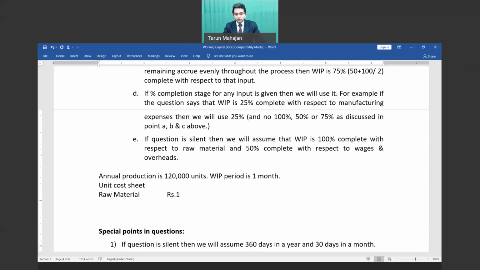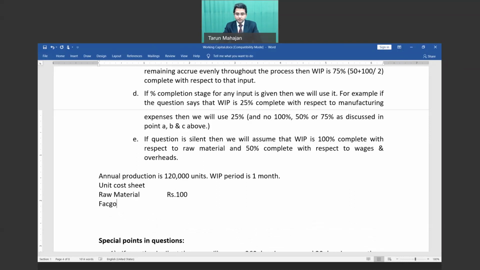Raw material is rupees 100 per unit. Wages is say rupees 60 per unit. Factory overheads are say rupees 40 per unit.